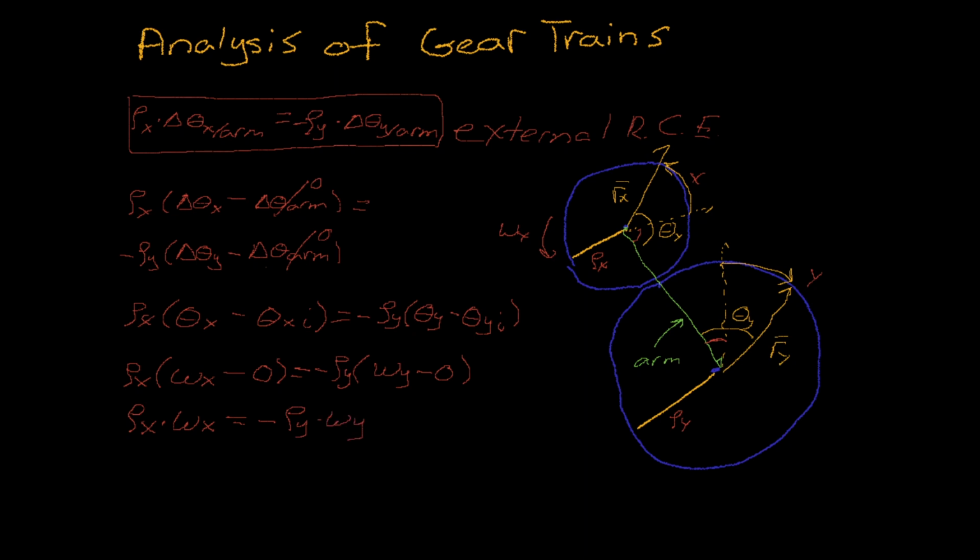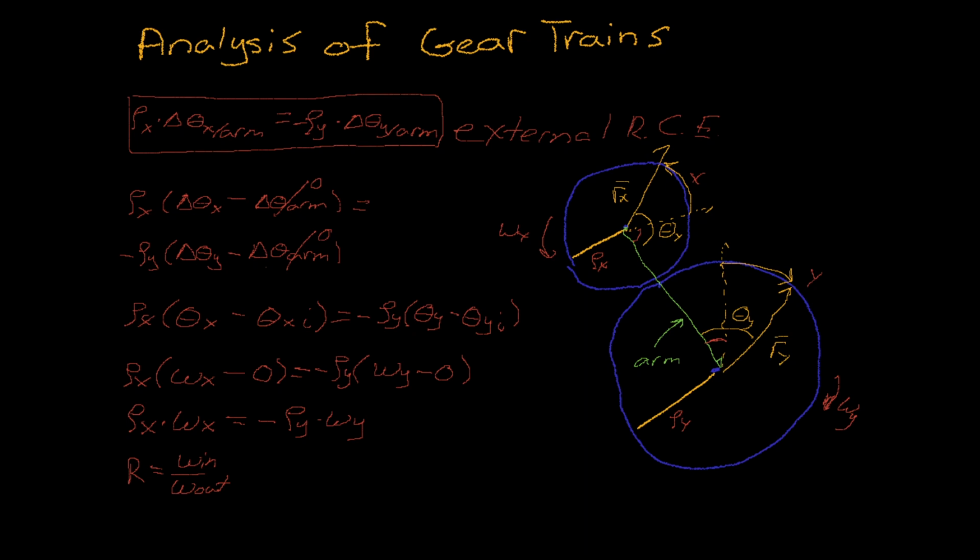The definition of a gear ratio R is equal to the input omega in over omega out. So the input speed over the output speed. So let's say that gear X is the input and gear Y is the output, and it's got some angular speed omega y.